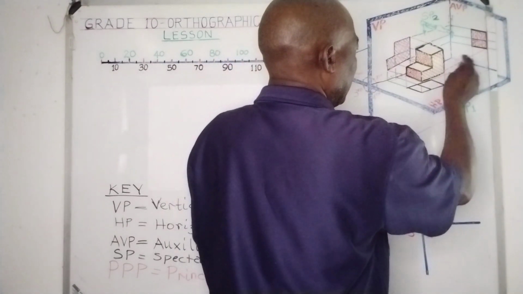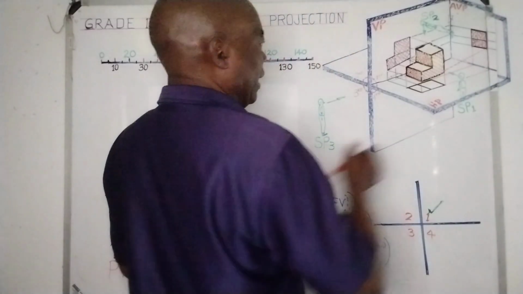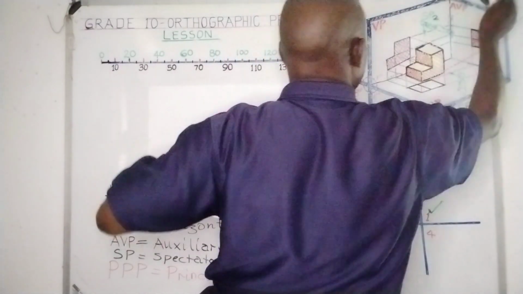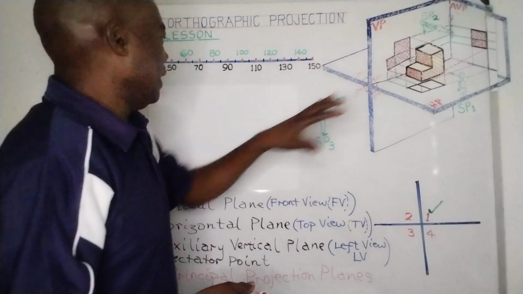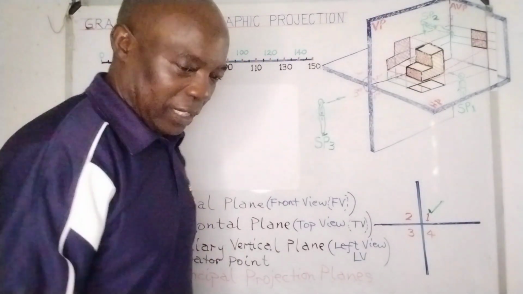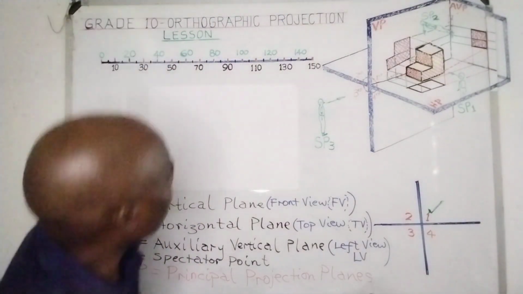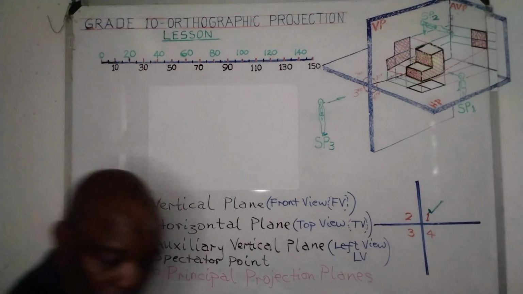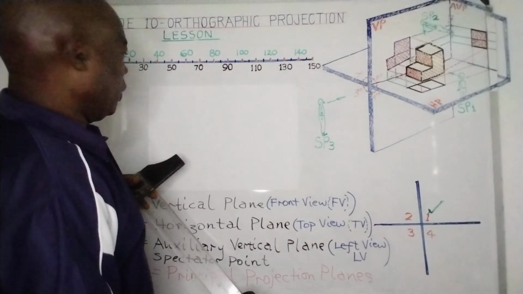So you have opened up, so it will be like this: this plane here is the front view, so I'll label it FV. It's on the vertical plane. It's our vertical plane, but we have a front view. Let me start by labeling it like this.